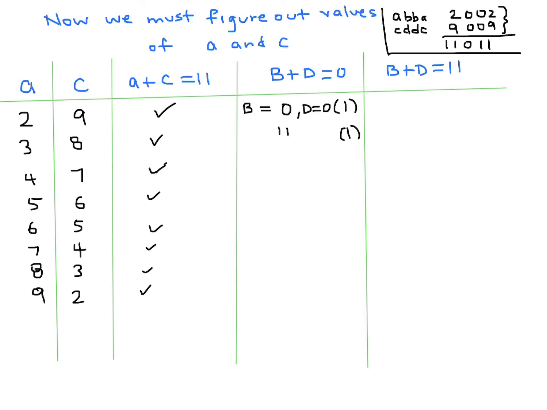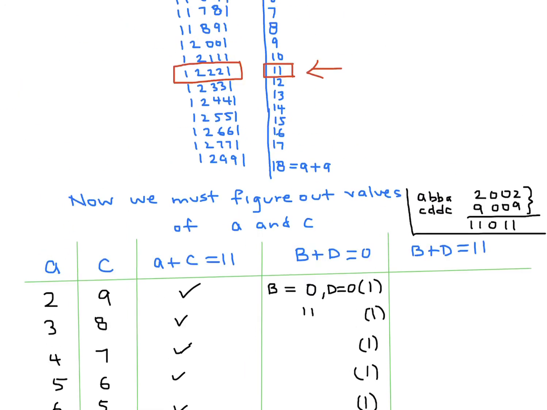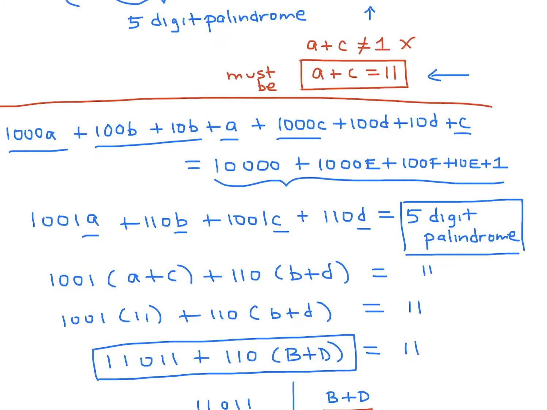B is 0, D is 0, and each of these will give us one scenario, one pair. It's better to call it a pair than a scenario. So how many do I have total? I've got 1, 2, 3, 4, 5, 6, 7, 8. I've got 8 pairs.